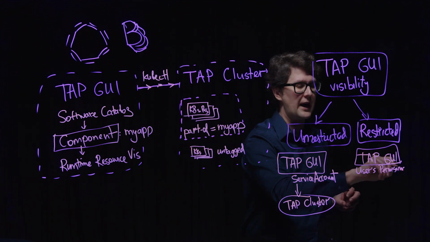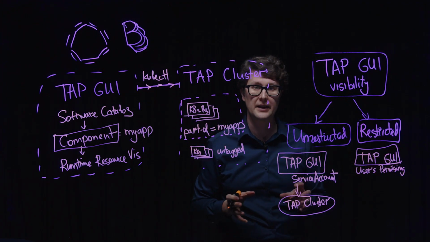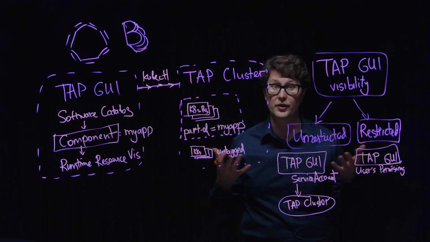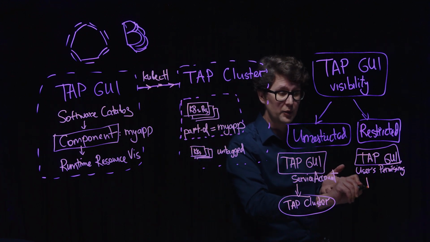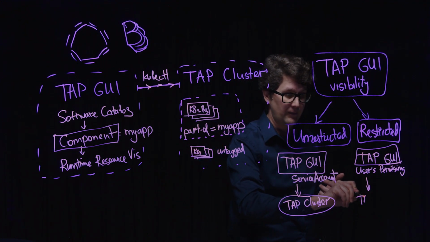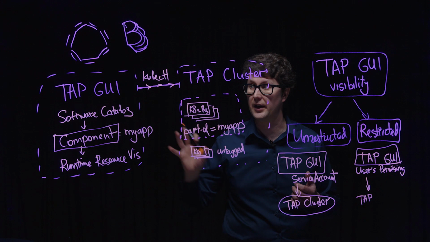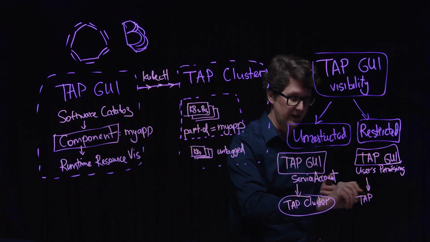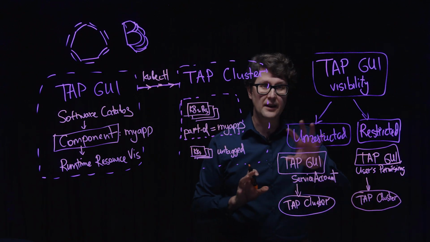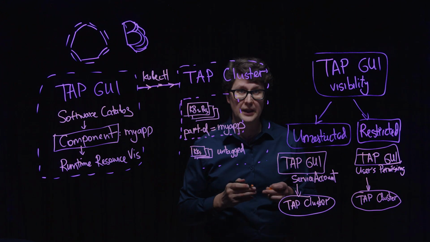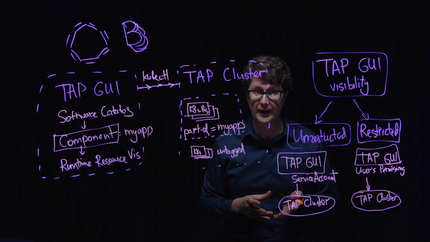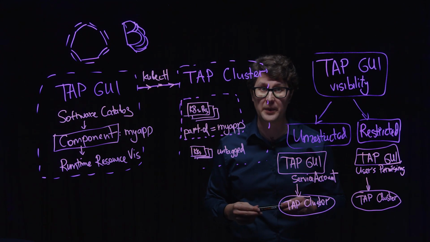So if a certain user has the rights to view resources on that cluster, or on a certain namespace or certain kind of resource, all of that will be taken into account, and that will shape the results that our Runtime Resource Visibility plugin right here would display. Let me complete that picture. So these are the two different modes of operation that would be chosen by the operator and would serve the needs of the organization that the Tanzu Application Platform is helping.